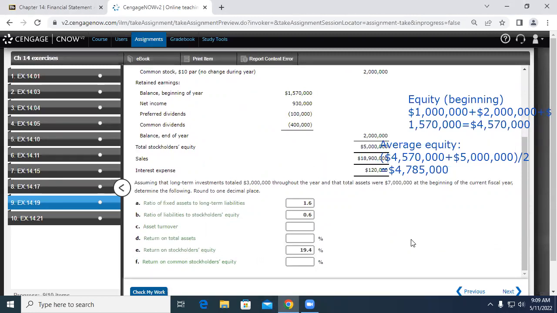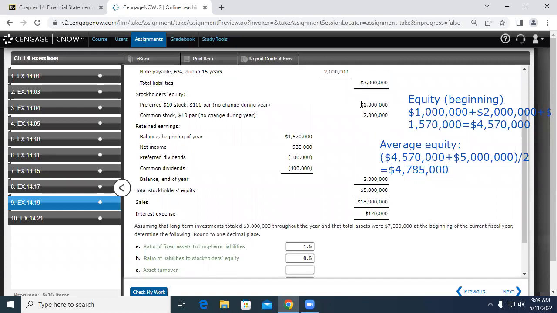And then the last question for this exercise is return on common stockholders' equity. So we're going to exclude the preferred stock and include only the common stock, and in the numerator, excuse me, we're going to start with that same income, but we're going to subtract from that the preferred dividends.